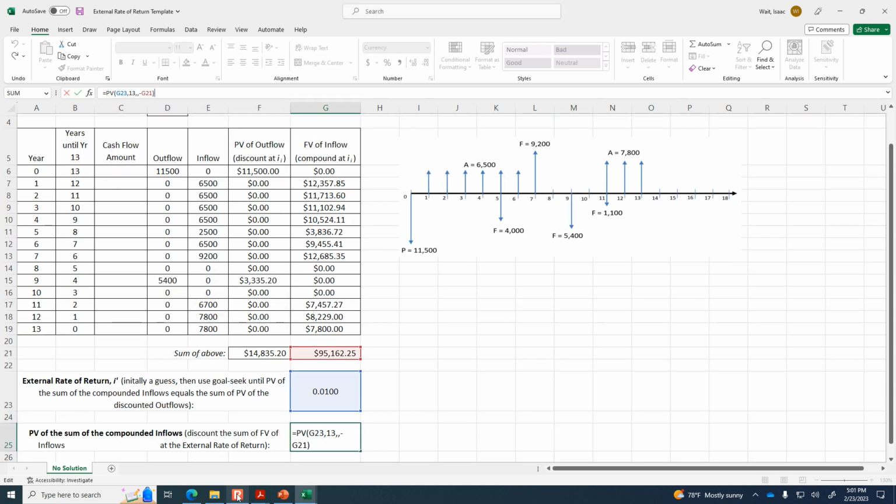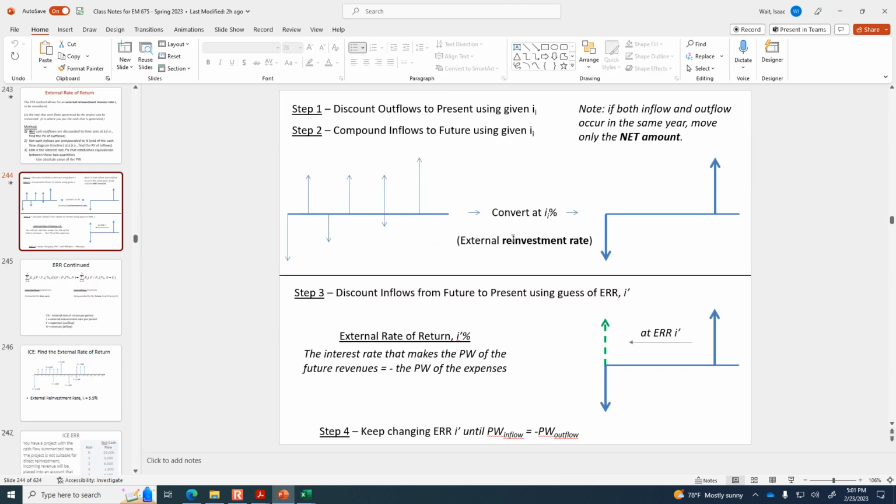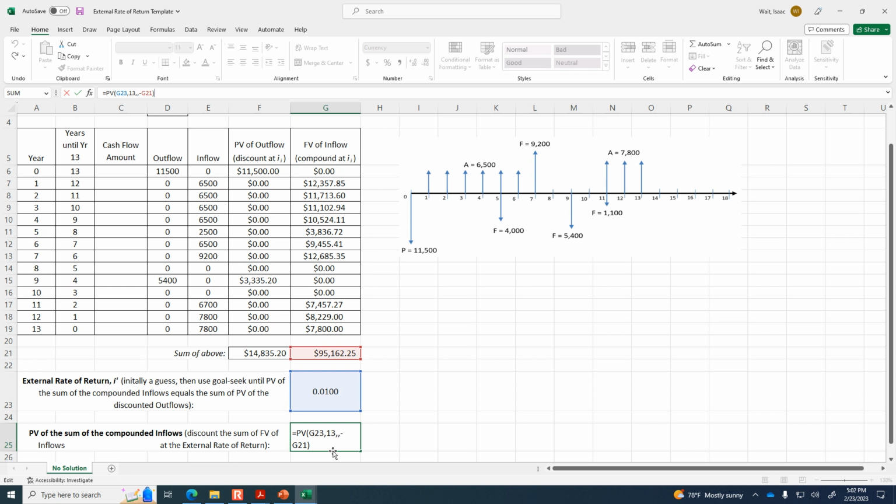Where if we go to the diagram here, so right now we've got one big future value and one big present value. That's the stage that we're at here. Here's our big lump sum future value. This is an amount in year 13. This is an amount at year 0. And if we discount the future amount to time 0 at the guess interest rate, this is the result.